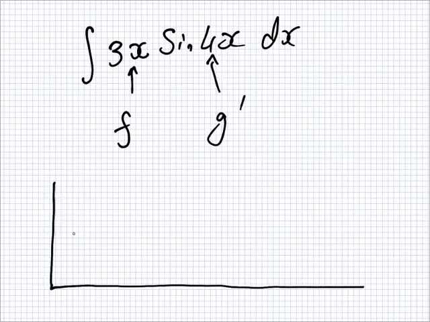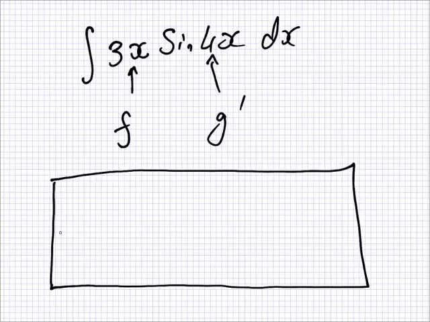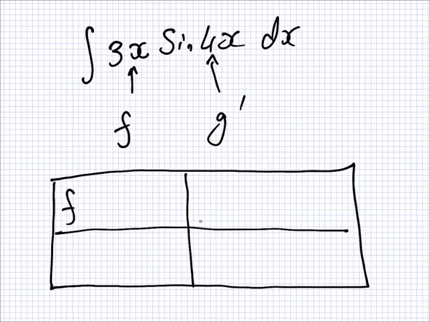We'll make our table. F derivative, g derivative. So this will be 3x, so this will be 3. And this one here is sine 4x.